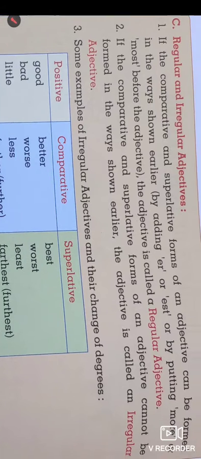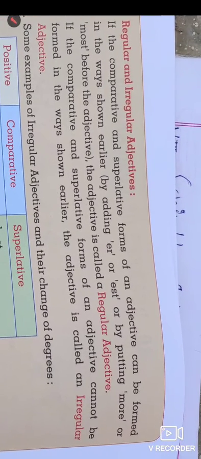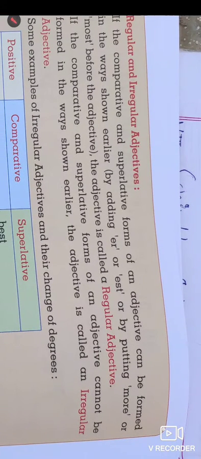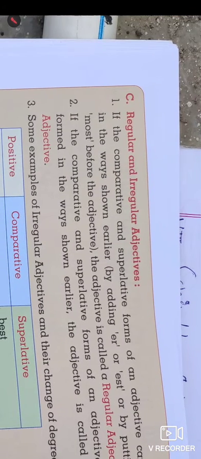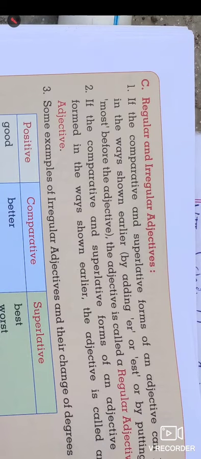If the comparative and superlative forms of an adjective can be formed in the way shown earlier, by adding er, est, or by putting more and most before the adjective, the adjective is called a regular adjective.